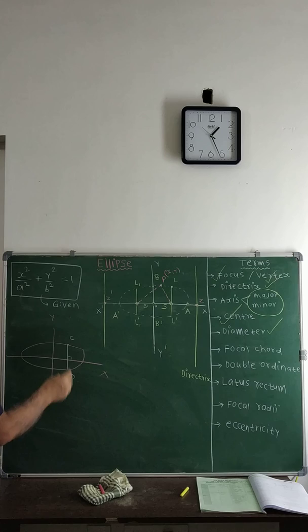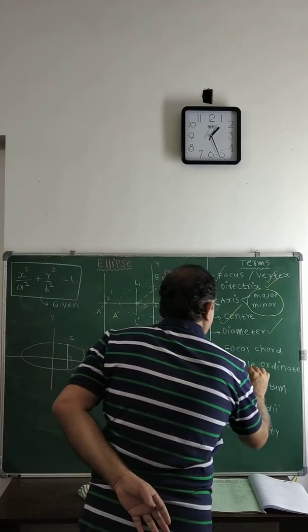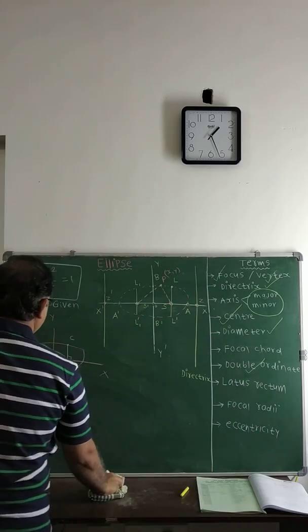Why is it called double ordinate? Because this distance is equal to this distance. So the y-axis length here and y-axis length here, both are equal, so it is called double ordinate. Ordinate means y-coordinate.